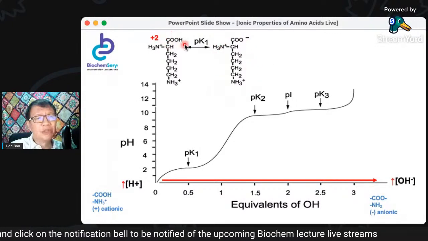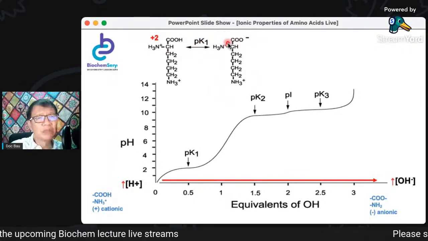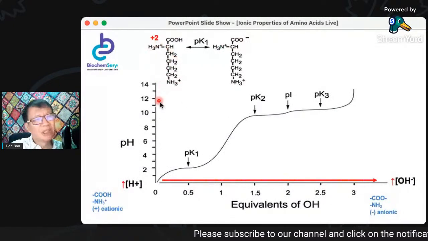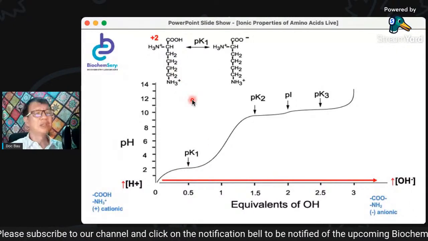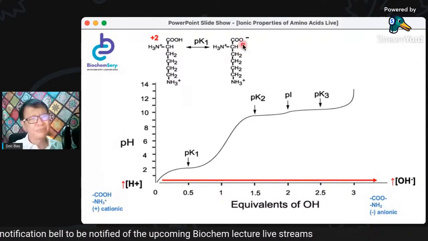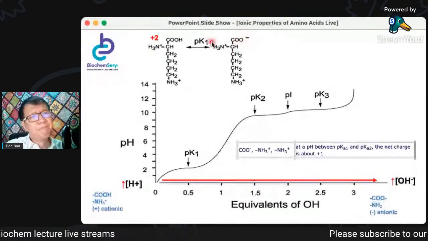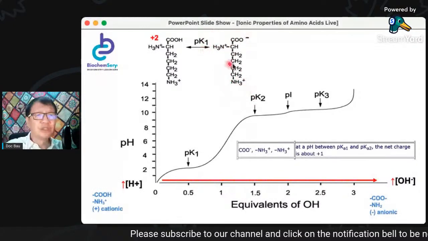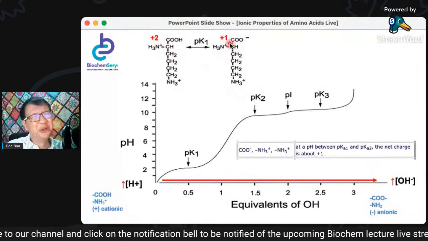Your alpha carboxyl has deprotonated and becomes the carboxylate. Your alpha amino and epsilon amino do not have to deprotonate yet, because the pH is still low and you still have an abundance of hydrogen ion. So our moieties: carboxylate is -1, alpha amino is still +1, epsilon amino is still +1. The charge here is +1. You cannot go immediately to 0; you have to pass through +1.